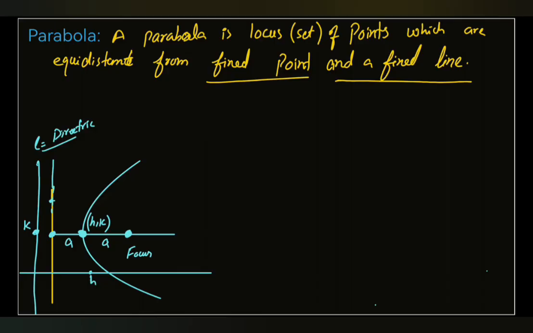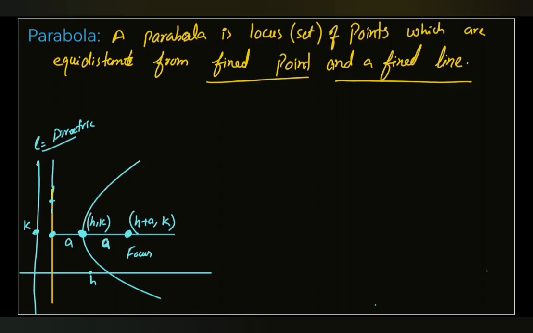From the center to the right side, h is increasing, and since the distance is a, the value becomes h plus a along the x-axis. Y remains constant, so its value is k. So the coordinates of the focus are (h plus a, k).